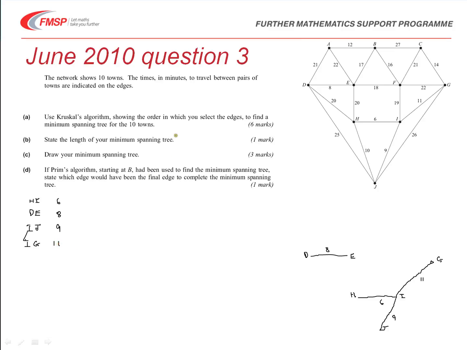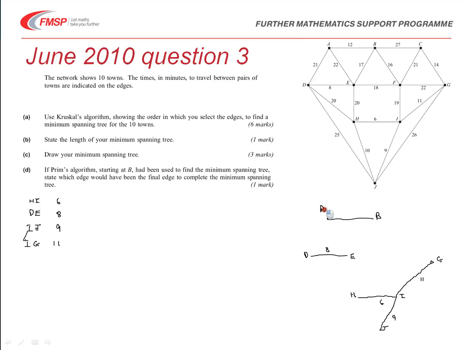Next, AB is 12, so that would be the next one. We wouldn't use JH, because that would create a cycle going around from H to I to J, so that's ignored. A goes about here and B somewhere over there.